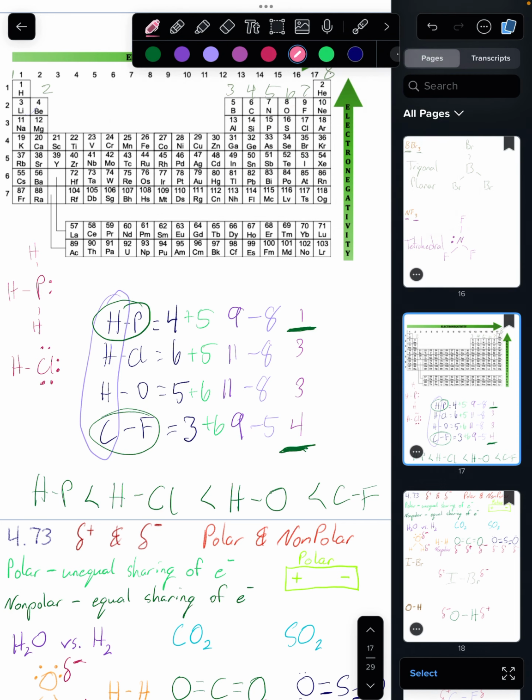So if we do our hydrogen and our oxygen, well, we know this one is going to be that negative. Okay? And now, carbon and fluorine. Fluorine likes its 7.